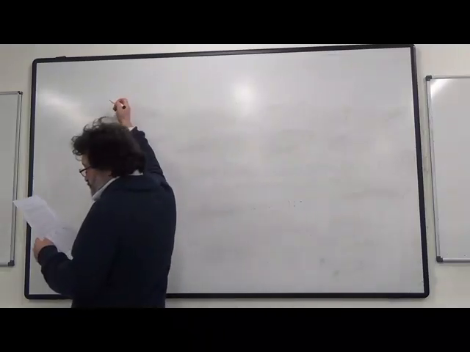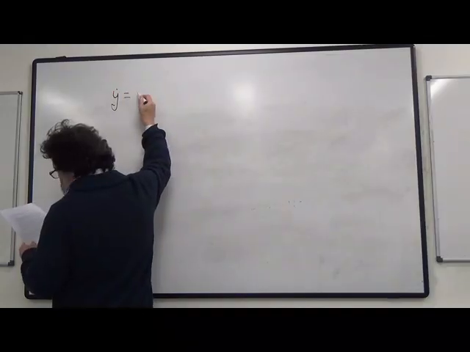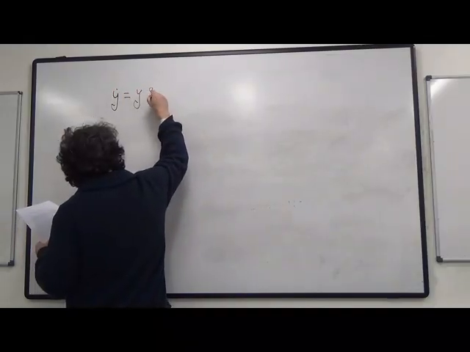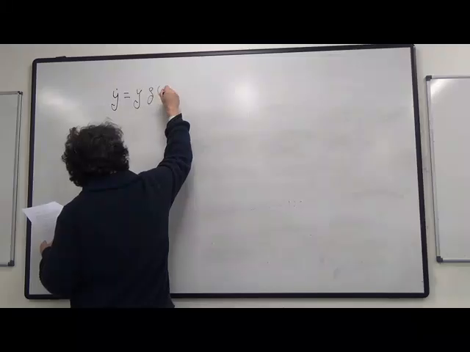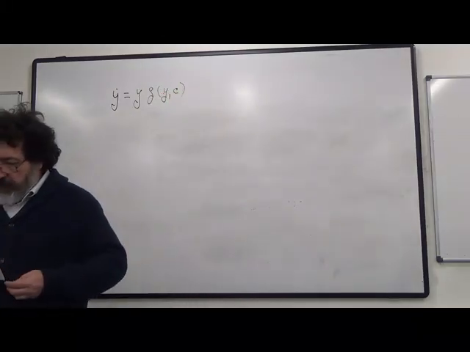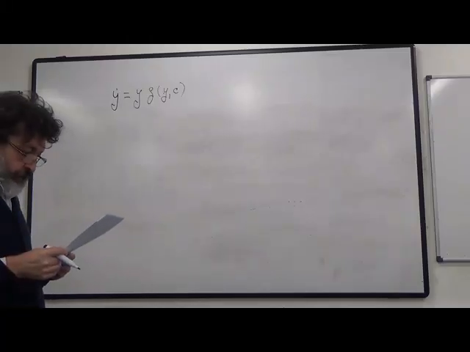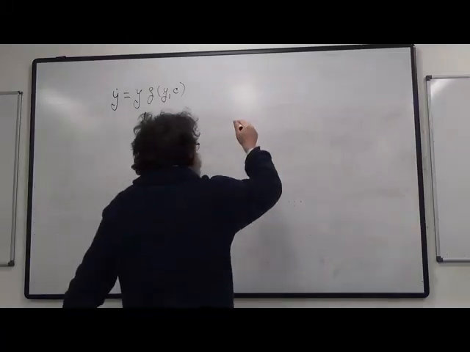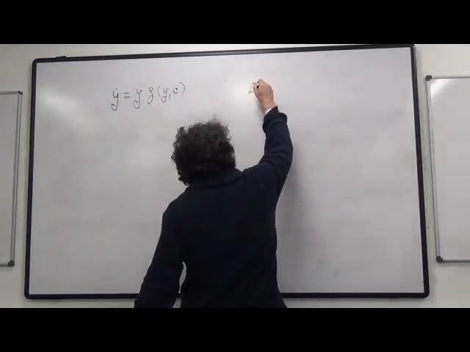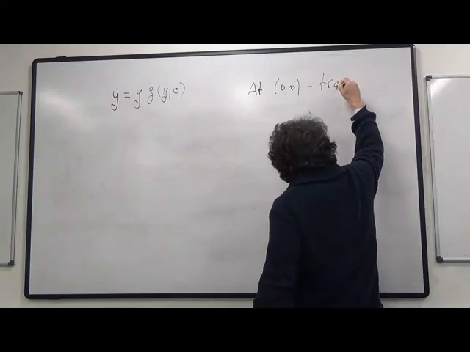So problem number 3. We have a differential equation with a parameter. And the question is, what condition should function g satisfy so that at 0, 0 we have a transcritical bifurcation?